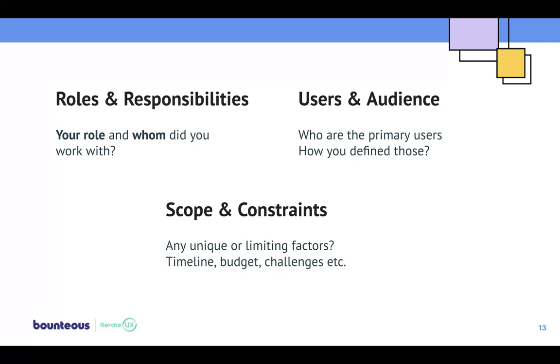Well, it depends on how big your team is. So let's say it's a team of 3. Based on what your problem statement or your challenge is, maybe one of you is a UI designer, one of you is a UX designer, one of you is a UX researcher.